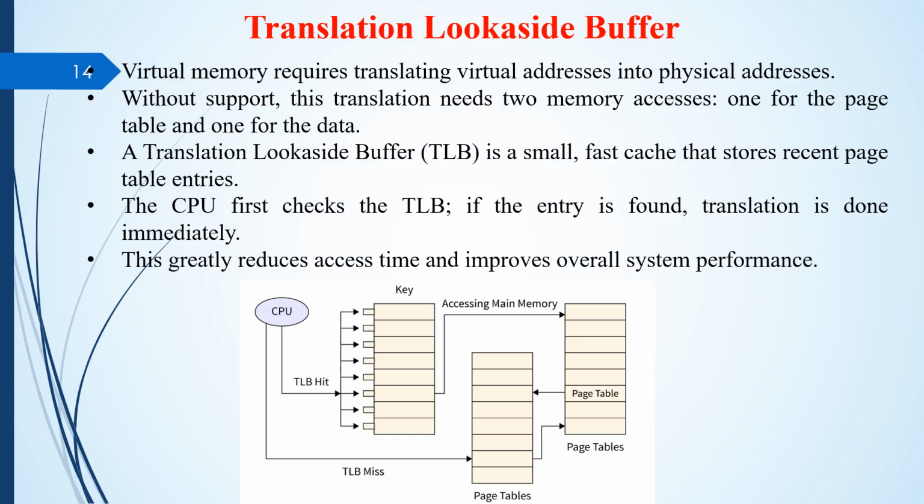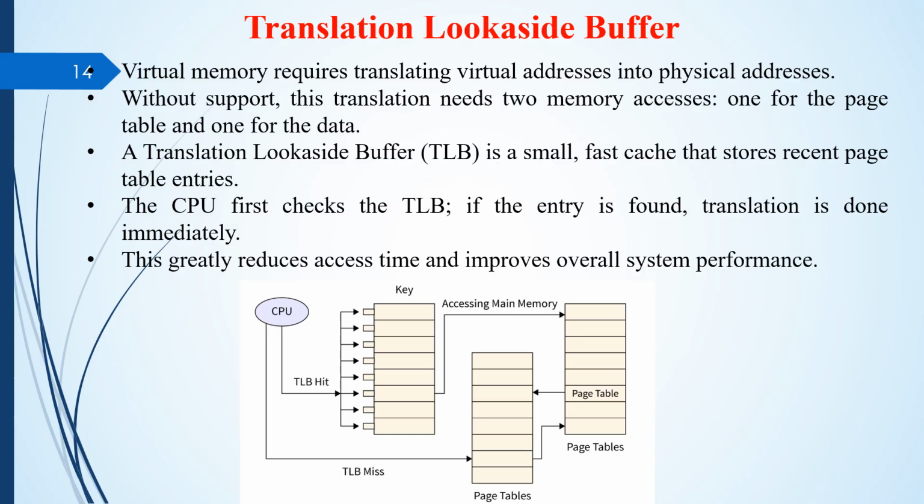To fix this, we use a translation look-aside buffer, or TLB. The TLB is a small, very fast cache that stores the most recently used page table entries. When the CPU needs an address, it first checks the TLB.